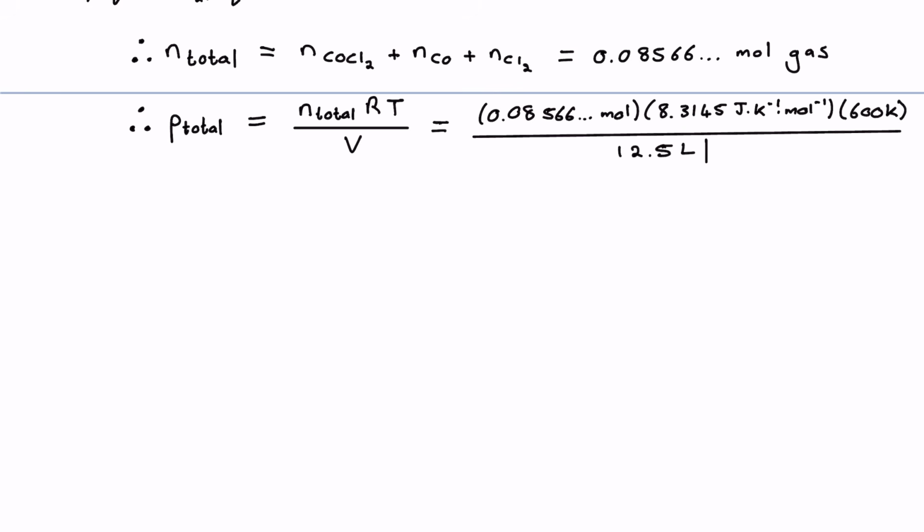So we have to convert this value to cubic meter. There is 1,000 liter in 1 cubic meter. Hope you can see that's a cubic meter. Or you can say 12.5 times 10 to the negative 3 cubic meter is what it is.